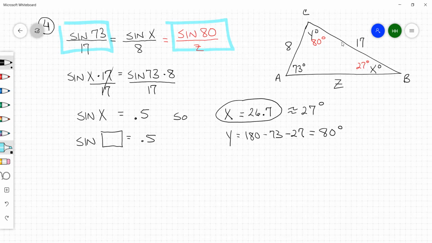So sine 73 times z is equal to sine 80 times 17. So divide both sides by sine 73.